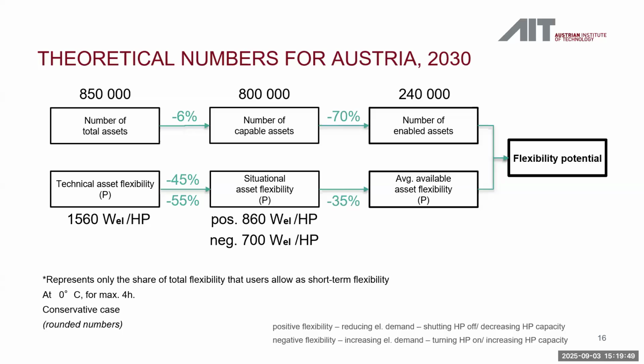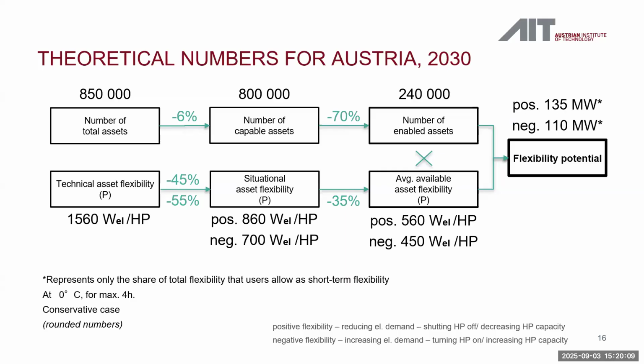We lose at the users, again, 35%, leaving us with 560 and 450 watt per heat pump for positive and negative flexibility. Now, if we multiply these two numbers with each other, we get a flexibility potential that is 135 megawatt for positive flexibility and 110 megawatt for negative flexibility.